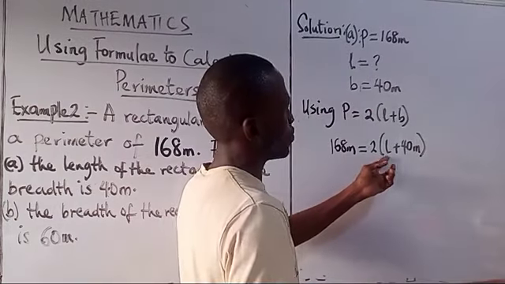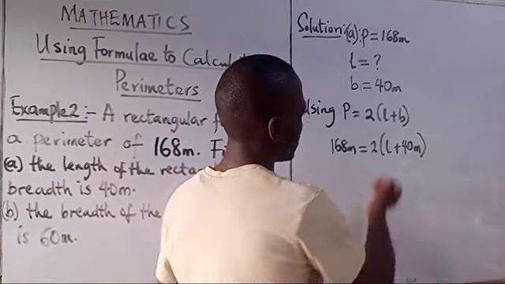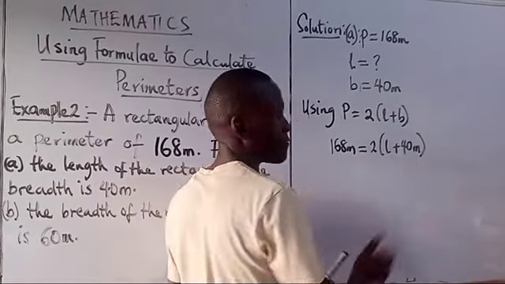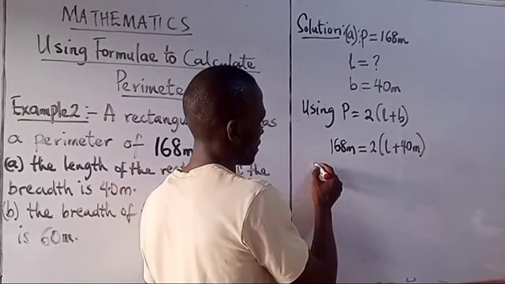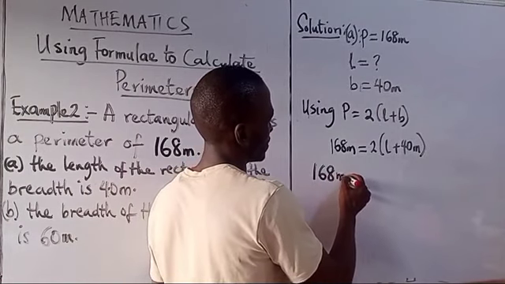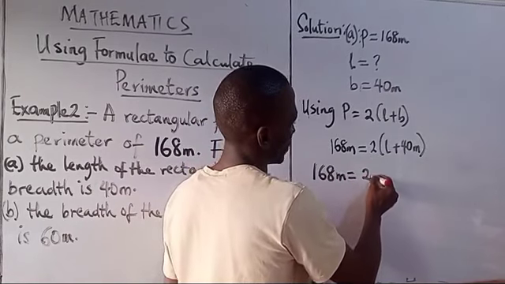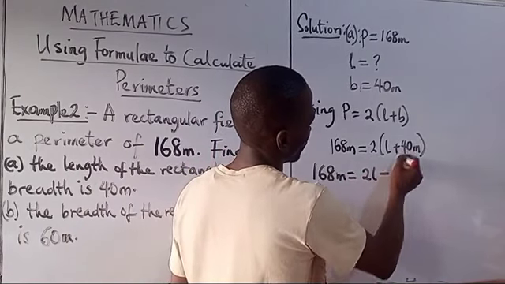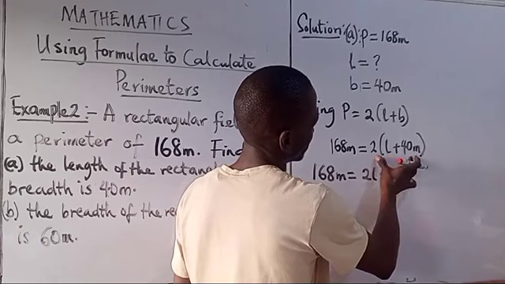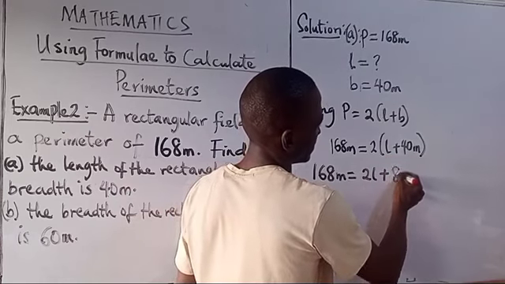Next thing is to remove this bracket by using the 2 to multiply everything inside the bracket. So we are going to have 168 meters equal to 2 times L, that is 2L, plus 2 times 40 meters, that's 80 meters.